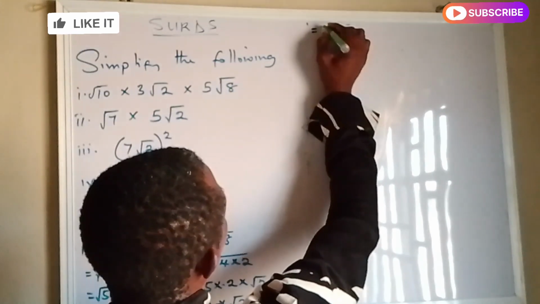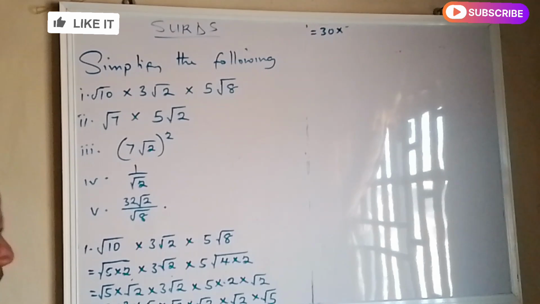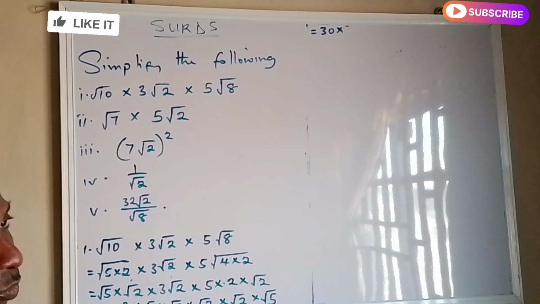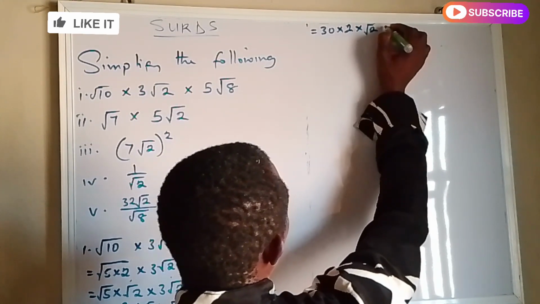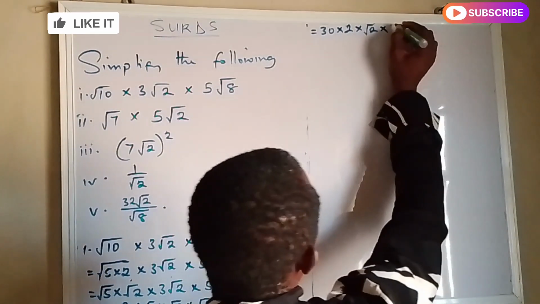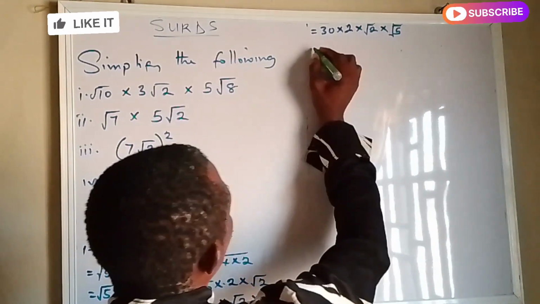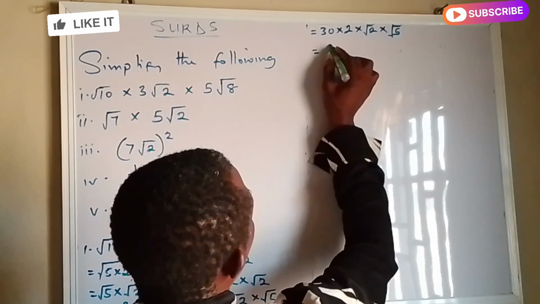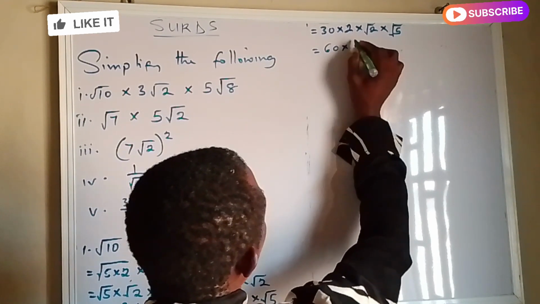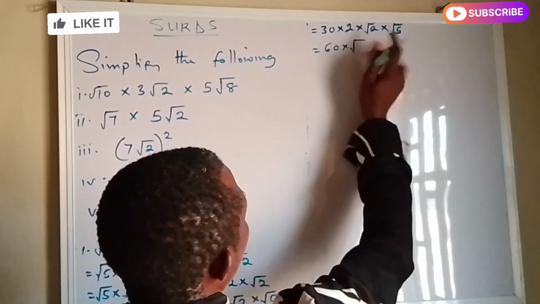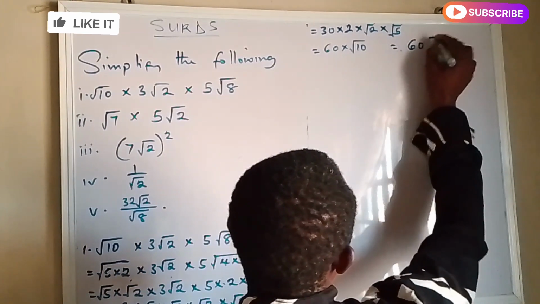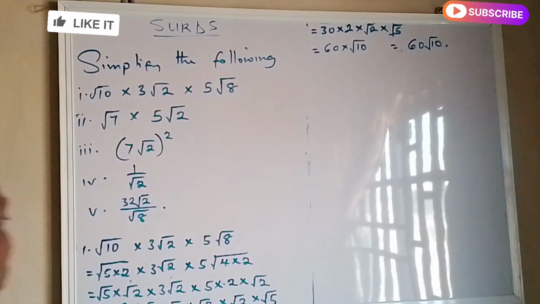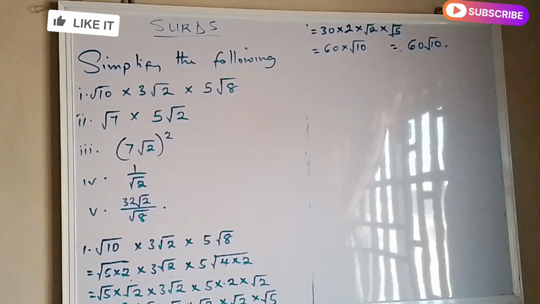So that gives you 30 times, now look at this, square root of 2 times square root of 2, that gives you square root of 4, and square root of 4 is 2, so that's times 2 times square root of 2 times the last one, square root of 5, and then that gives you 60 times square root of this, that's square root of 10, and the answer is going to be 60 square root of 10. Okay, so that's the first part of the question.